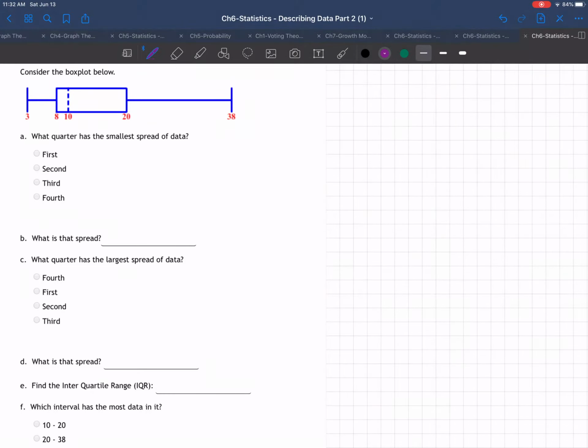Basically, it's breaking all the data values into 4 quarters. This is the first quarter, second quarter, from here to here. Here to here is the first quarter. The third quarter is from here to here.